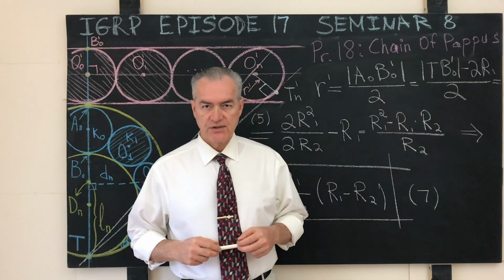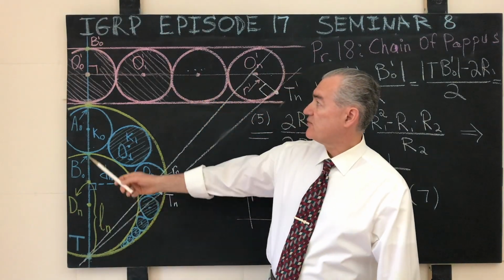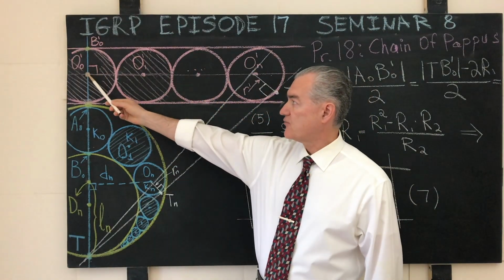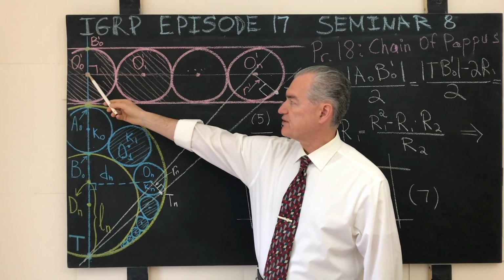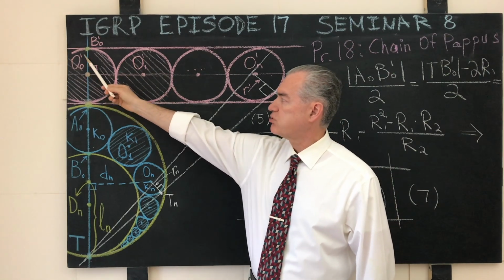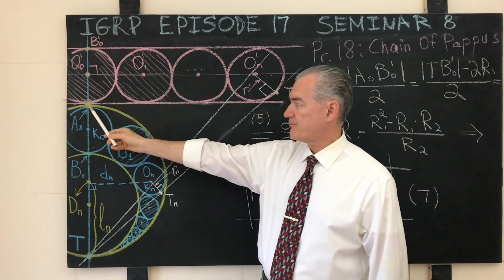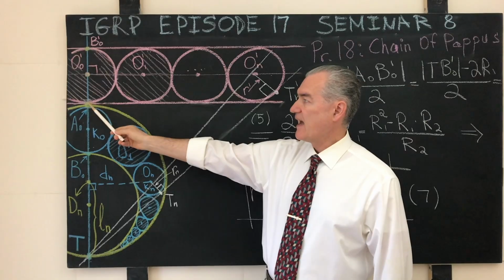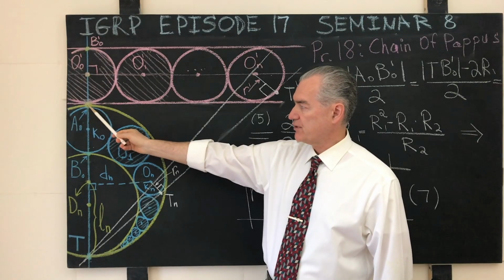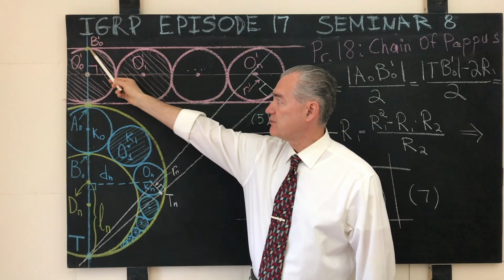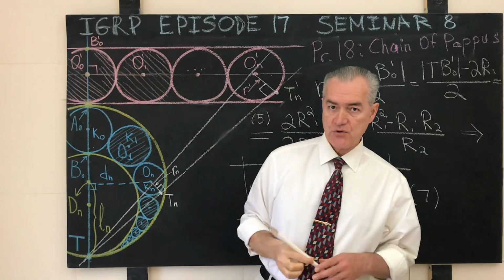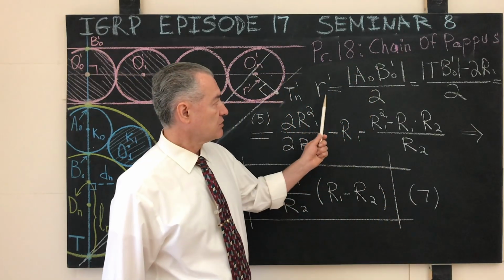We now do essentially the same thing to the radius of the nth, or any for that matter, inverted circle, which is the distance from the point O prime 0 to either the point B prime 0 or A0, or in other words, half the distance from the point A0 to the point B prime 0. We capture this fact symbolically over here.